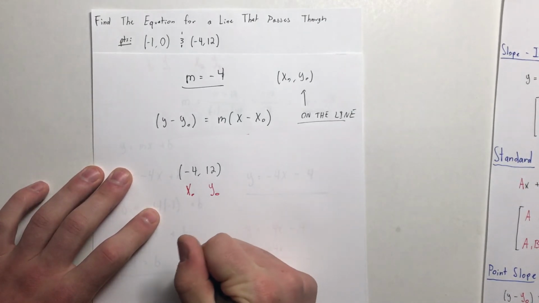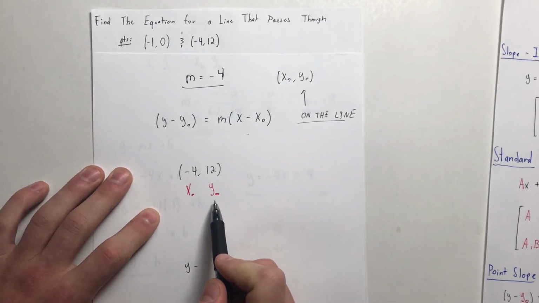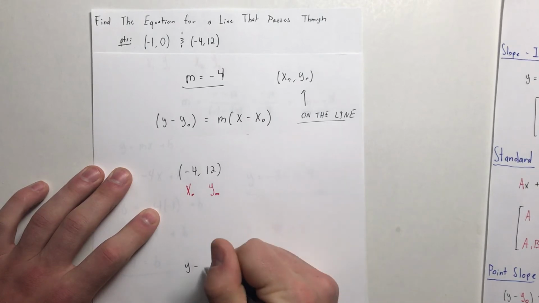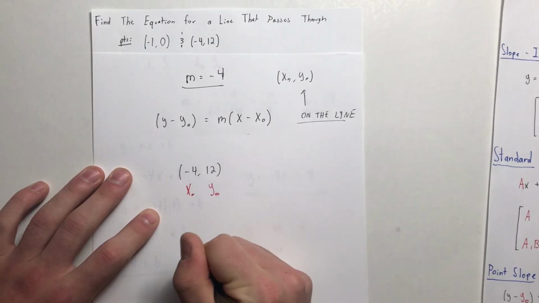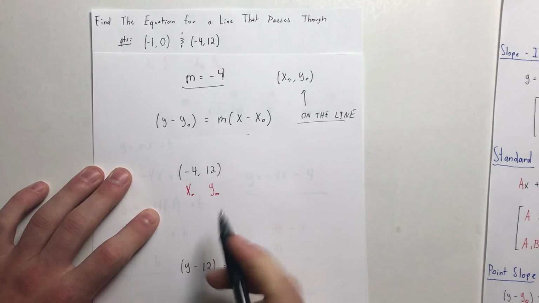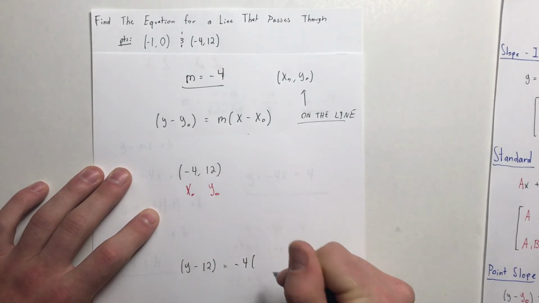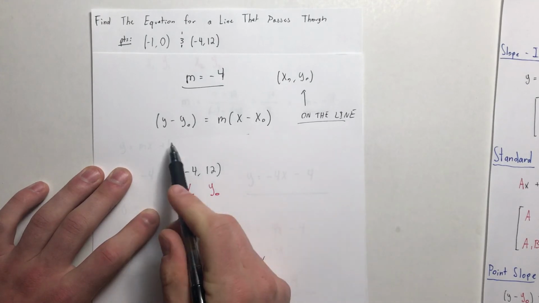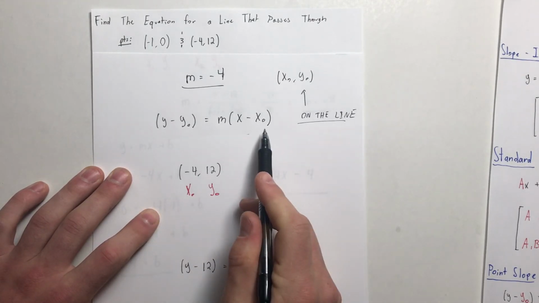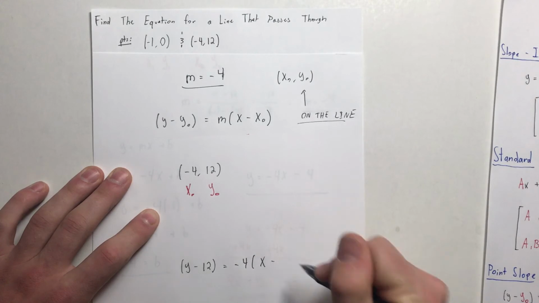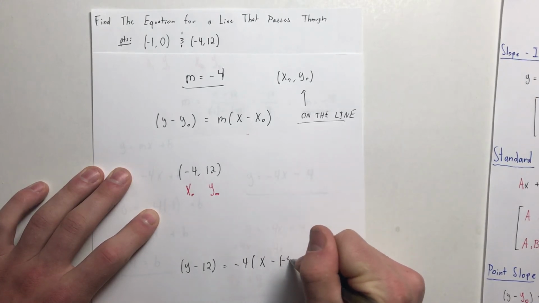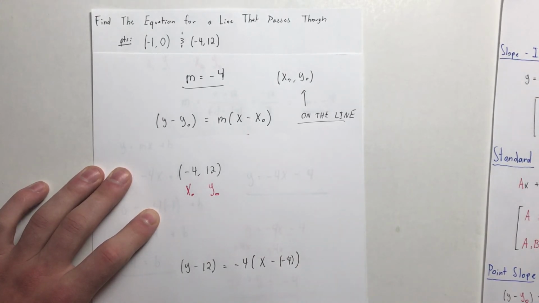So that's going to be y minus y naught, right? And my y naught here is 12, so y minus 12 equals our slope. We know that our slope is -4, equals -4 times x, and it's x minus x naught. So it's going to be x minus, and then our x naught is -4.